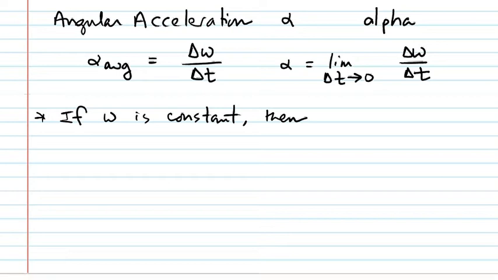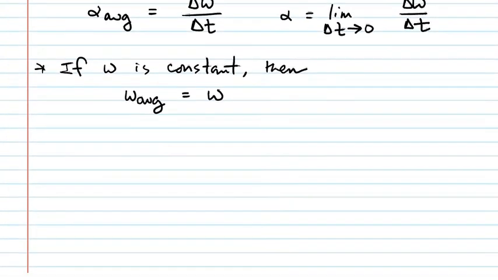And if that's the case, then the average value of the angular velocity, no matter how you measure that, is going to be the same as the instantaneous angular velocity whenever you measure that.